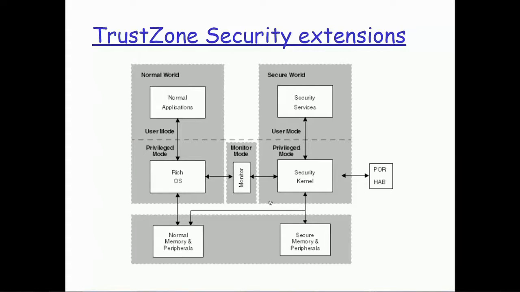So, now what do you see as the advantage here? Why do you think the processor, through the TrustZone, is giving you something like a secure world and something like a normal world? Remember that it has the capability to access some very specific memory areas alone and very specific peripherals also.